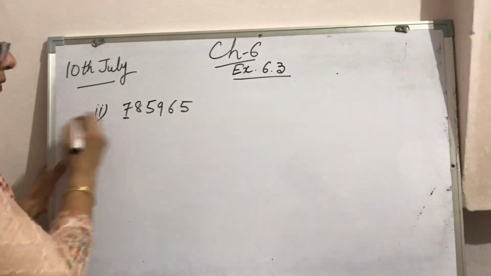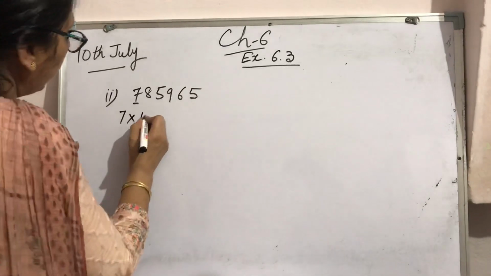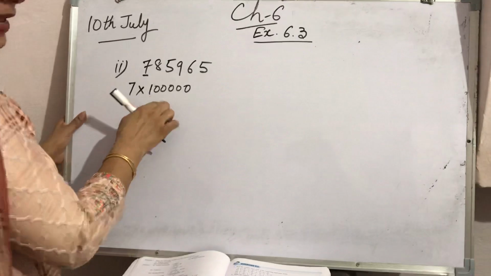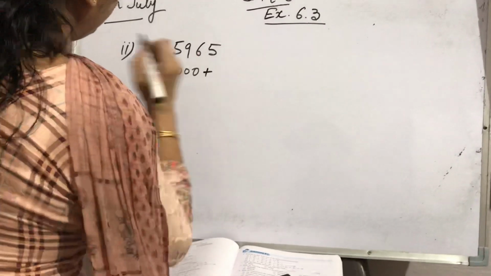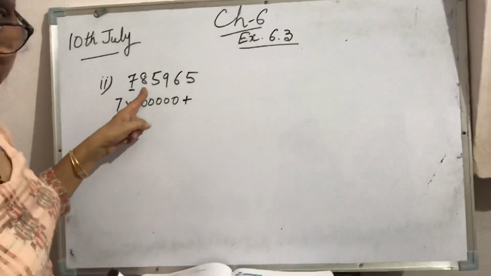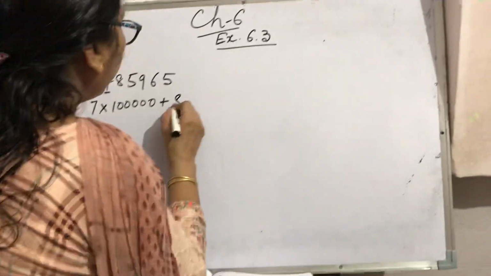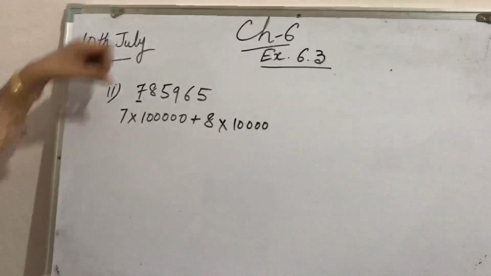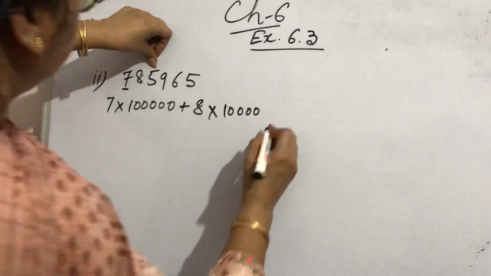How many lakhs are there? 7 lakhs. 7 multiply 1 lakh. 1 lakh has 5 zeros. So 7 into 1 lakh. Then plus. This is the place of 10,000. How many 10,000s are there? 8 ten-thousands. Now 8 multiply 10,000.